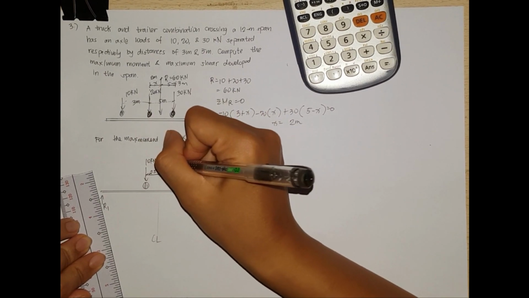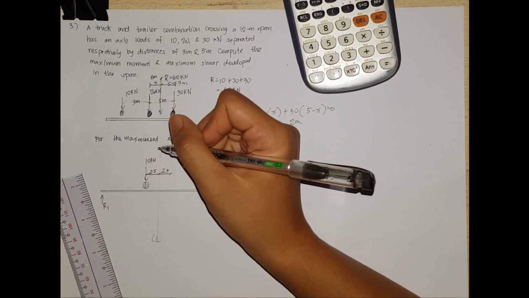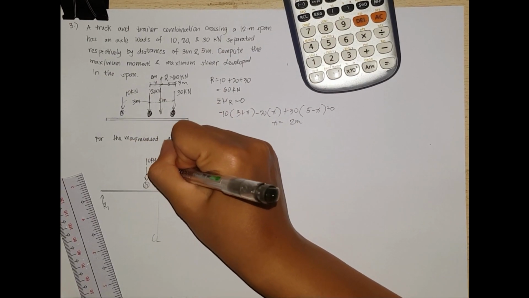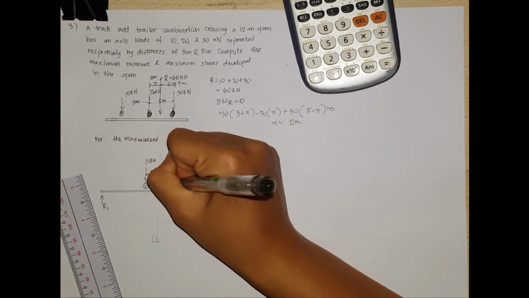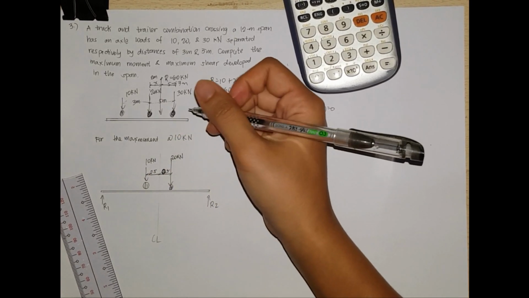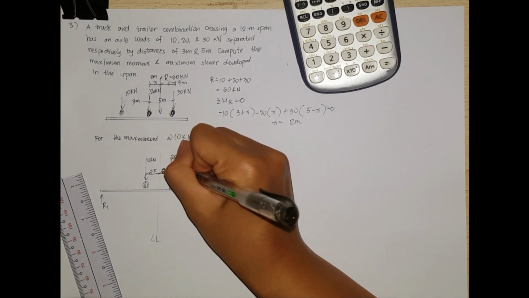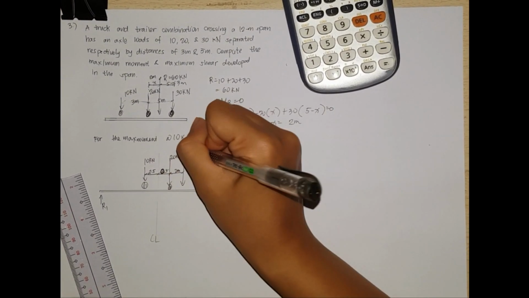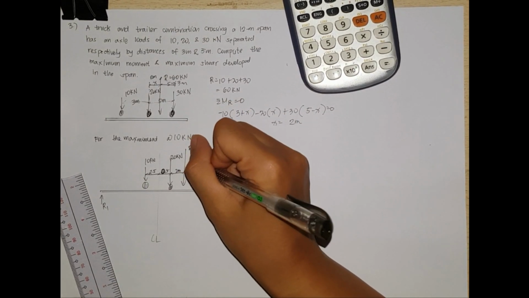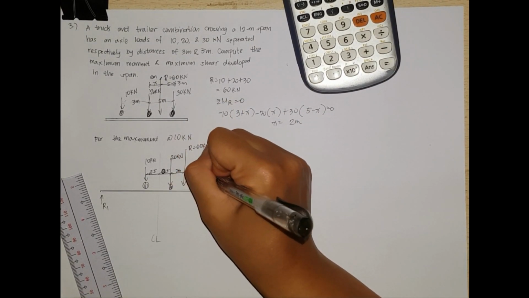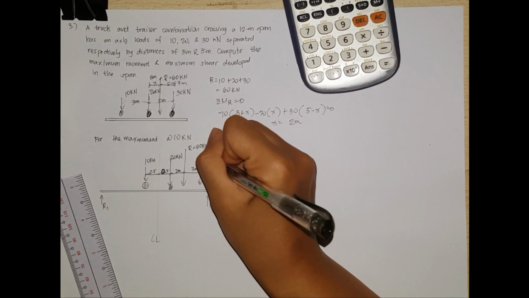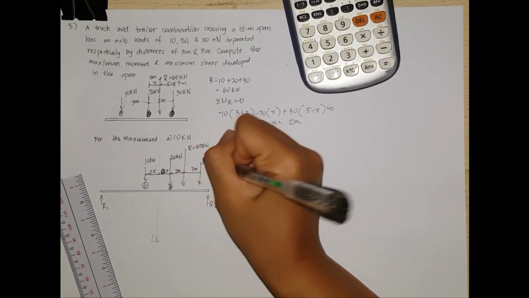Sorry. So, unahin muna natin yung ating 20 pala. So, this is 3 meters, so 0.5 meters. Tatagpuan natin yung 20 kilonewton, and then a distance of 2 meters para sa ating resultant na 60 kilonewton, and then another 3 meters for our 30 kilonewton.